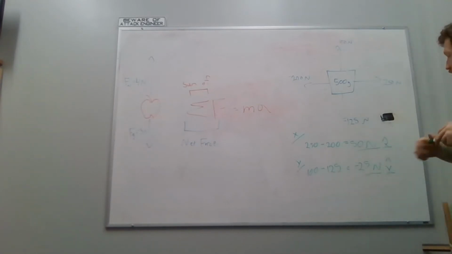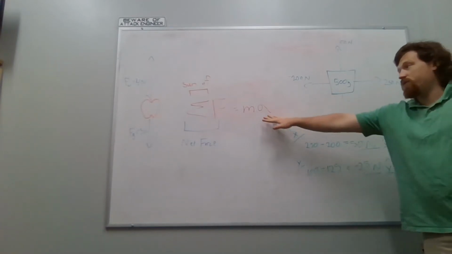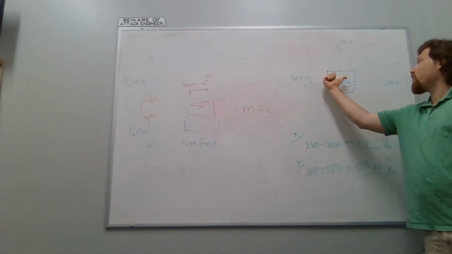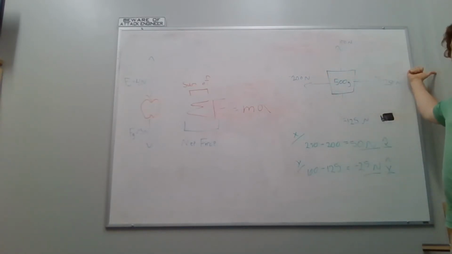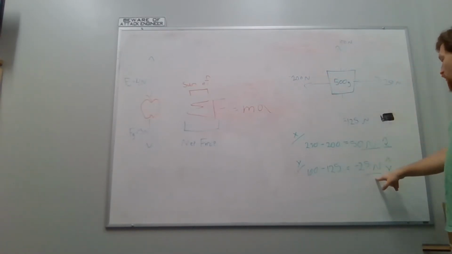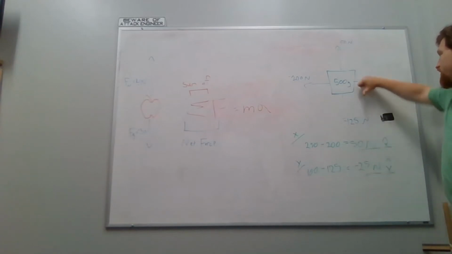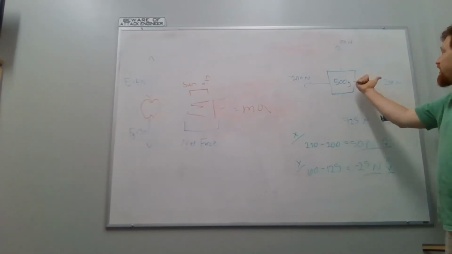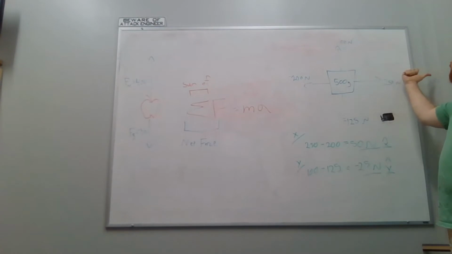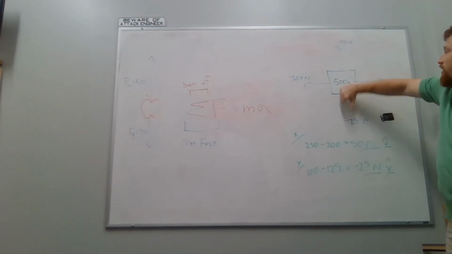So, this is the net force in the x-axis, and since that is the net force in the x-axis, that means this box is going to start accelerating in this direction. Then in the y-axis, the net force is negative 25. So in addition to the box accelerating this way, it's also going to accelerate this way.